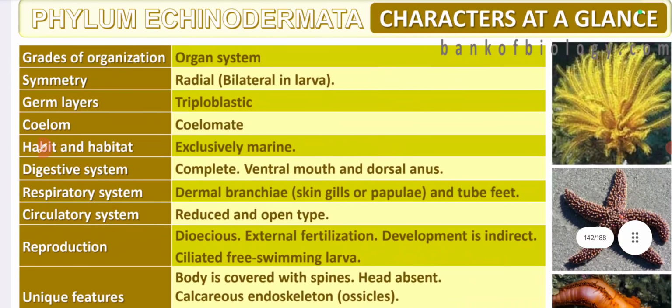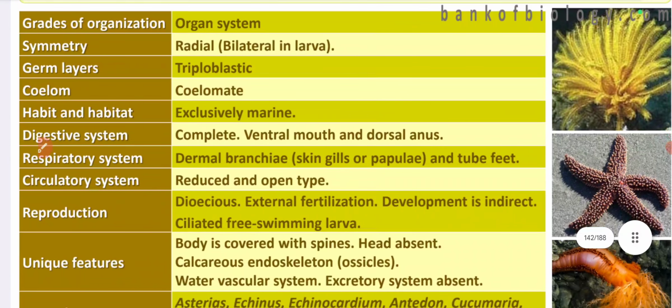Characters at a glance: organ system level of organization, radial symmetry, bilateral larva, triploblastic germ layer, coelomate with true coelom present, habitat exclusively marine, complete digestive system, ventral mouth, dorsal anus, respiration by dermal branchiae, skin gills or papillae and tube feet.